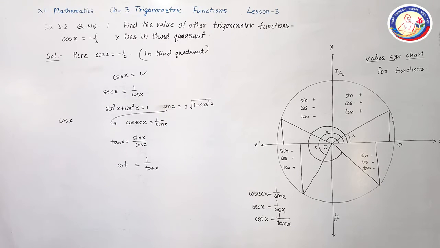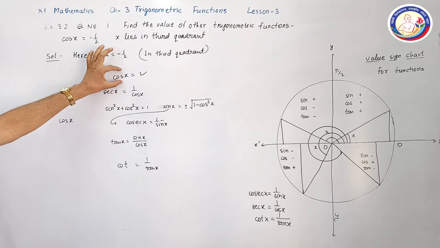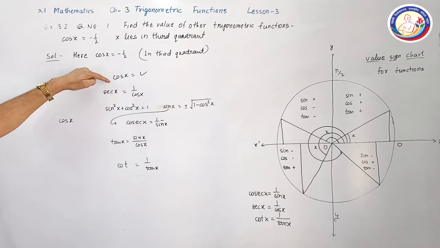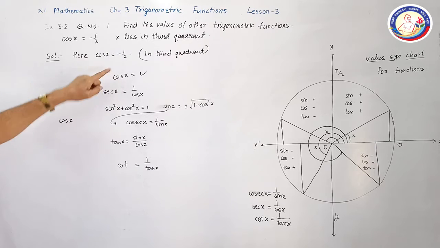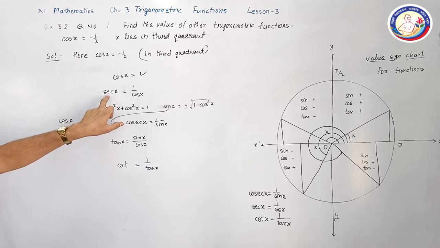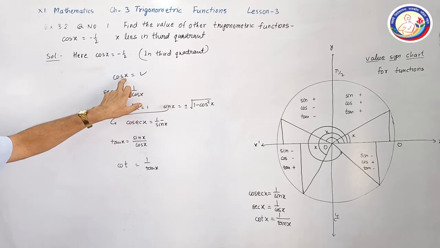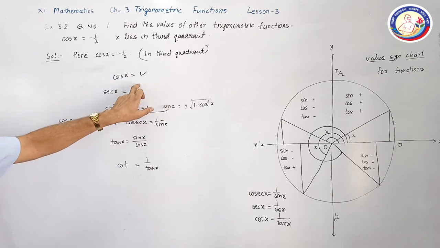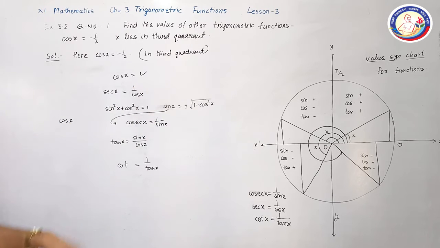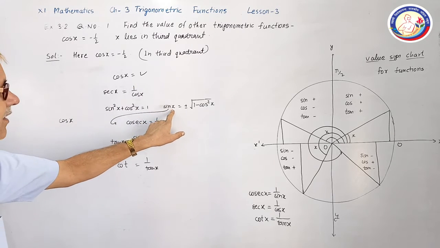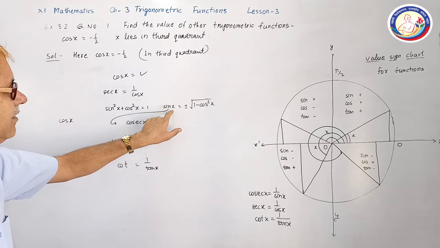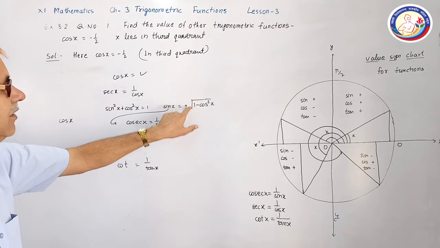Let me clear it once again. Cos x is given, one function is given. For the angle x, the cosine is given, so we can find the value of sec x by 1 by cos x. Then using the first fundamental identity, we can find the value of sin x, positive or negative.